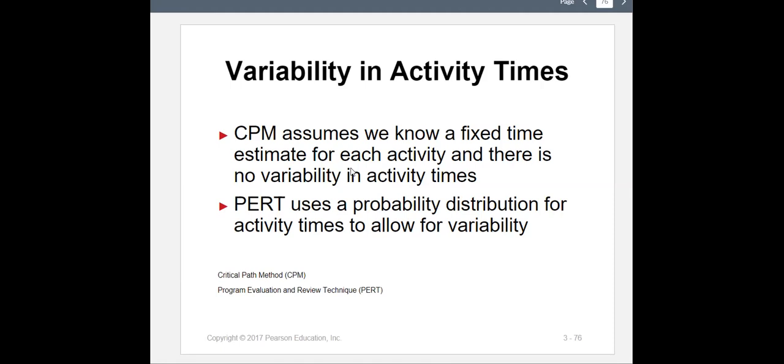PERT, however, uses a probability distribution for activity times, and it allows the project to have variability. That means delays are possible. Our estimation of time of completing the project is an estimation. It involves error.